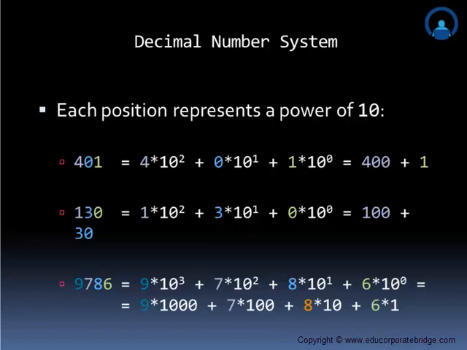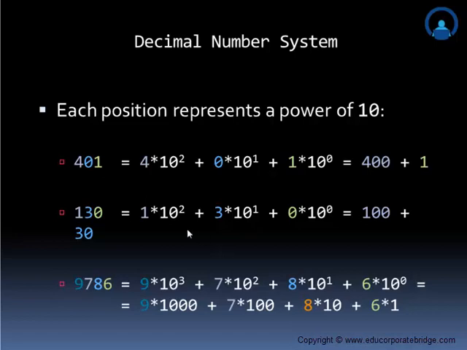To find out the value of 401, what we have to do here is multiply 1 into 10. Now why are we multiplying with 10? Since it's a decimal number, we have to multiply each bit with 10 to the power of its position. Now how can we identify the position of the bits?